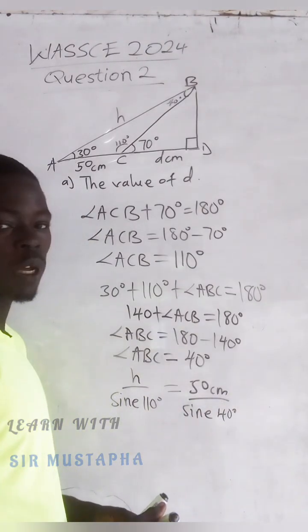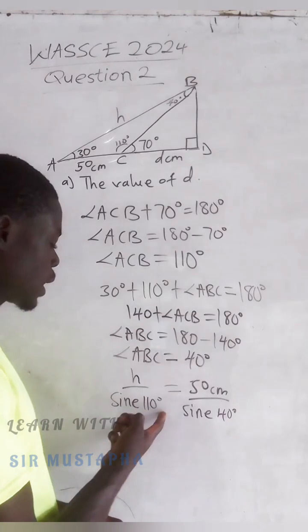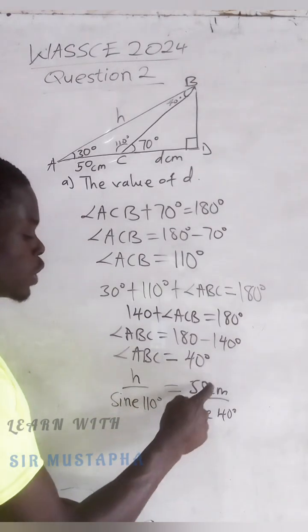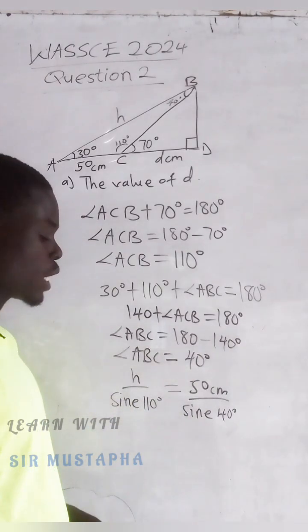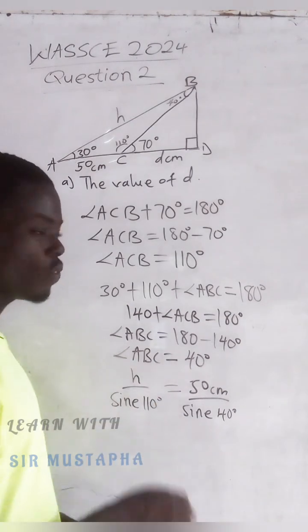And remember, I told you that you can just take sine 110 and multiply it by 50 over sine 40 to get the value for H.